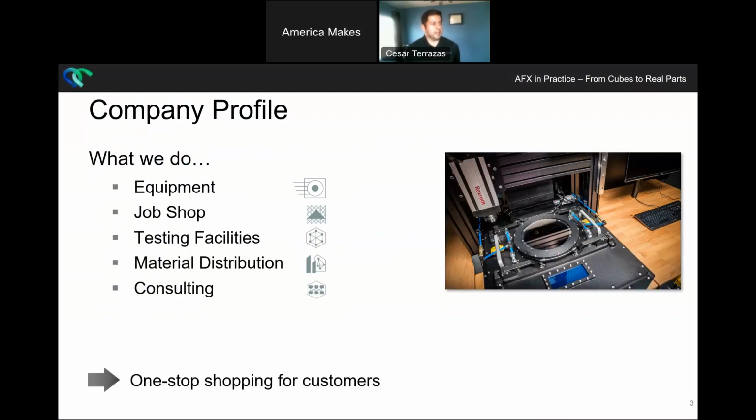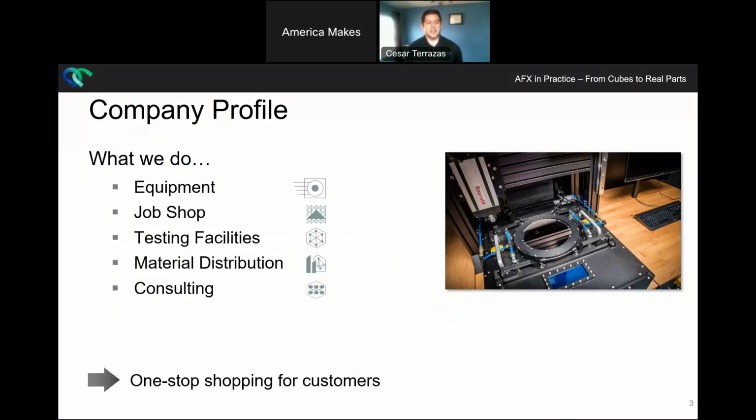So Aconity 3D, what we do, basically we want to provide solutions for the different customers out there that are looking at additive manufacturing using specifically laser particle fusion and also directed energy deposition systems. So we provide mostly equipment. We also provide job shop capabilities, testing capabilities, material distribution, and consulting.